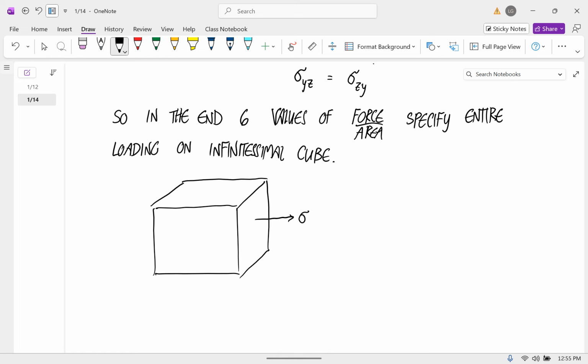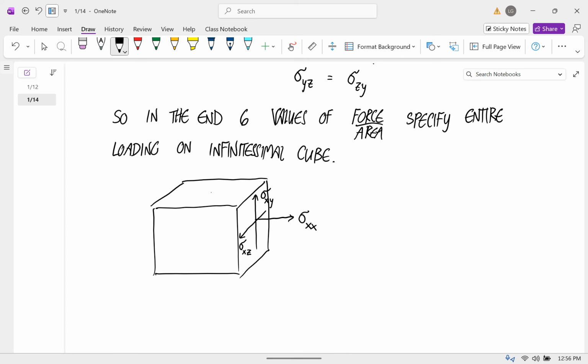They're named after the axis that would poke out of them, like in Alien. So this is the X face, and this is the one in the positive X direction, so this is our sigma XX. This one is on the X face, in the positive Y direction, so this is our sigma XY. This is on the X face, in the positive Z direction, so this is our XZ.